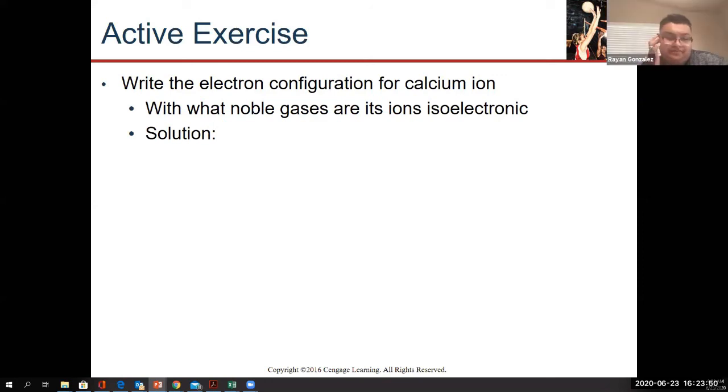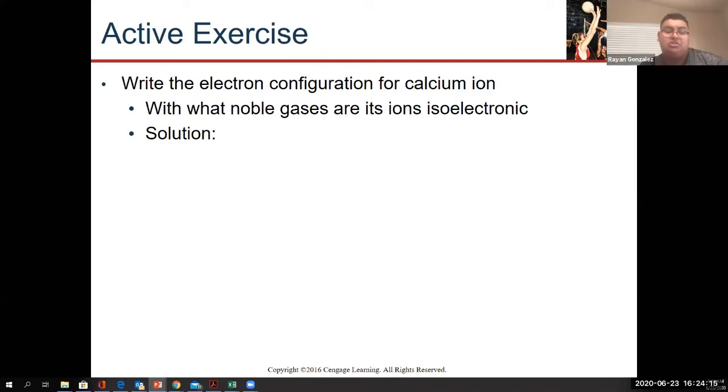I'll do it. Okay, Ryan. Do the electron configuration for calcium and the calcium ion. What type of ion is it going to form, a cation or an anion? It's going to be a cation.